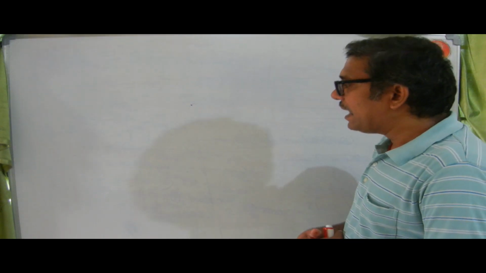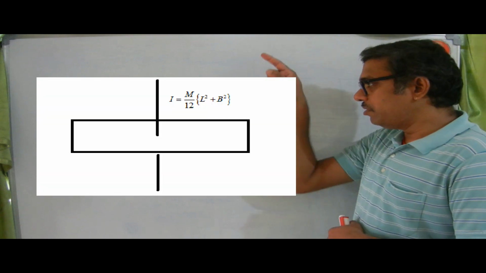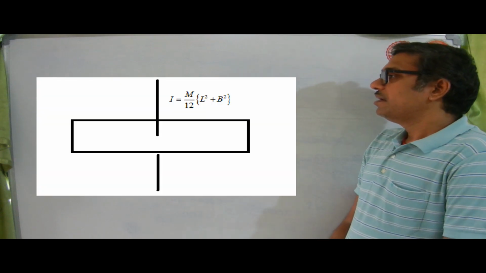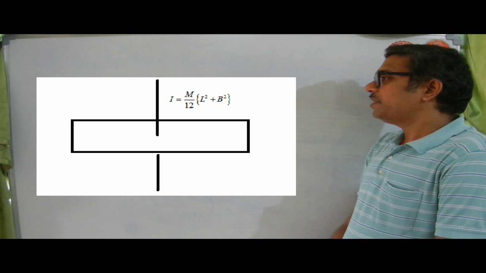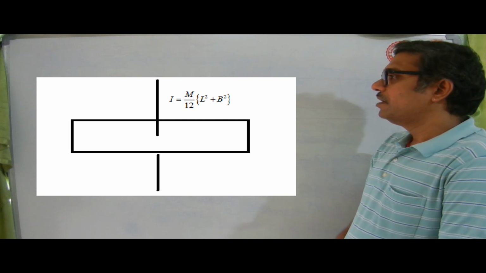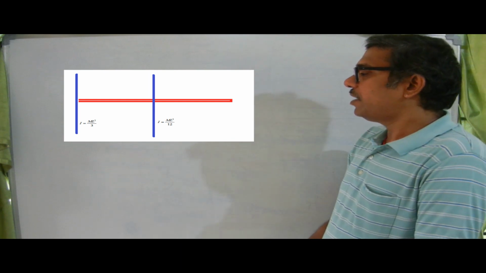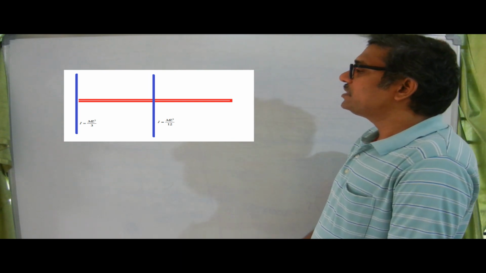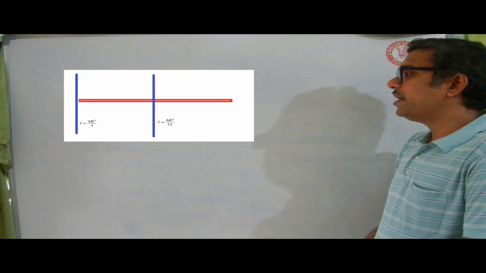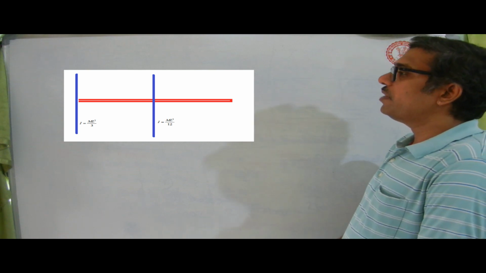And a rectangular lamina about its natural axis, m by 12 of L square plus B square. And for a rod, about the center of mass it is ml square by 12, and perpendicular to length about one edge it is ml square by 3. So these are the standard shapes and standard calculations for moment of inertia.